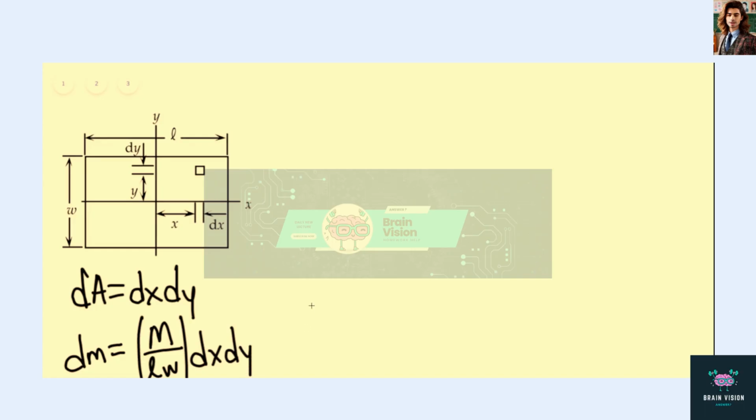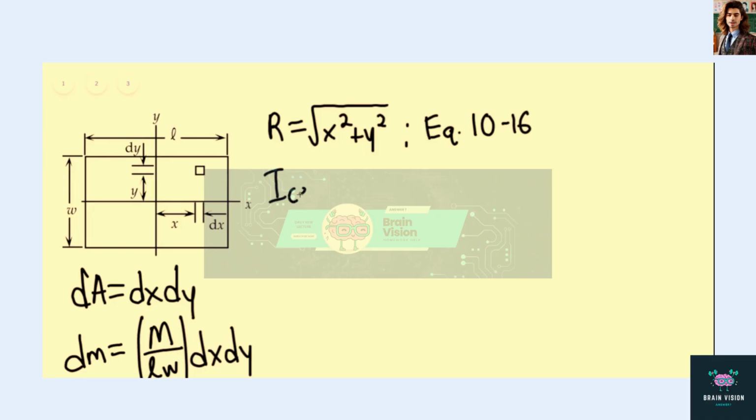The distance of that element from the axis of rotation, r, we can say is equaling the square root of x squared plus y squared. And we're going to then use equation 10.16 to calculate the moment of inertia. So we can say that the moment of inertia through the center would be equaling the integral of r squared dm.